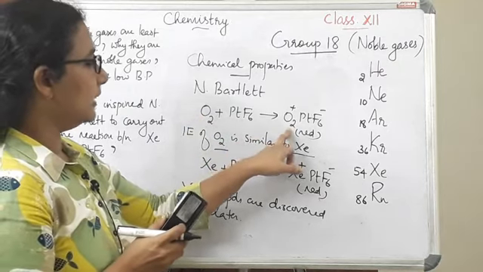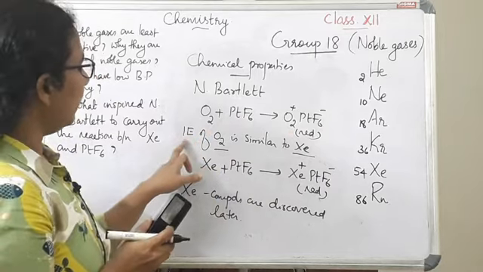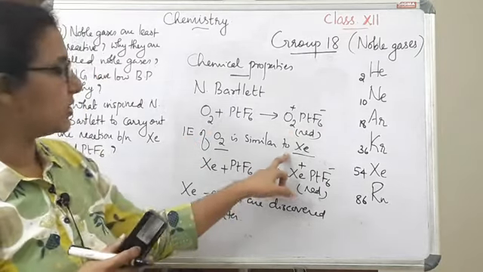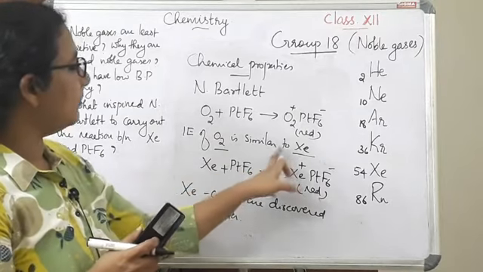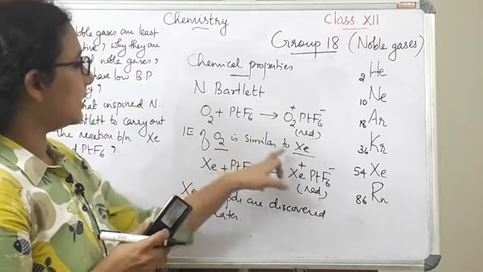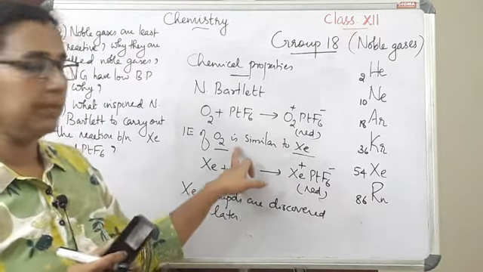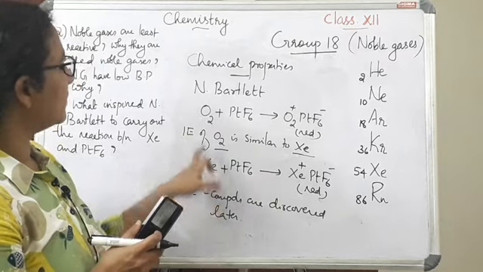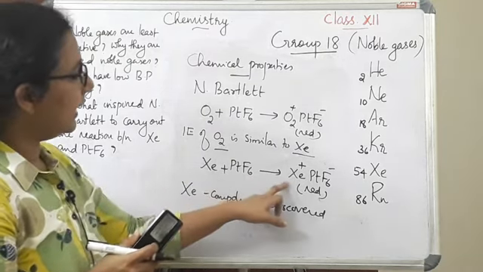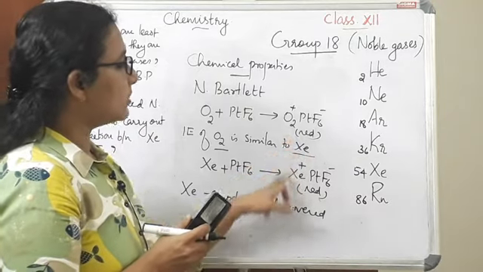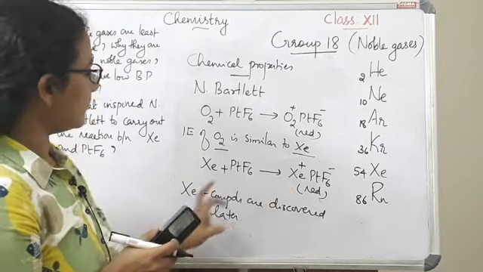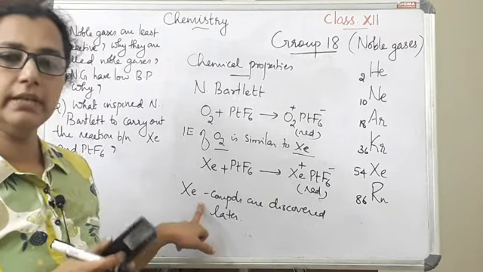He found a red colored compound. He found that oxygen and xenon have similar ionization enthalpy. So that is the main point. Since these have similar ionization enthalpy, he carried out an experiment with xenon instead of oxygen. He again found a compound similar to the first.